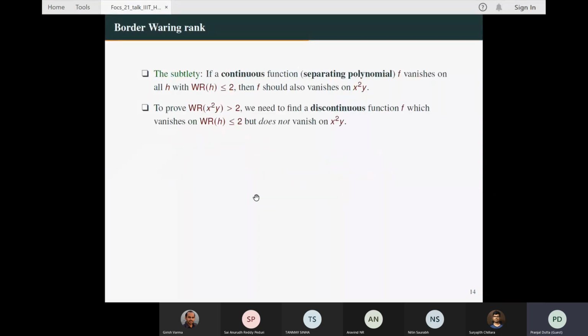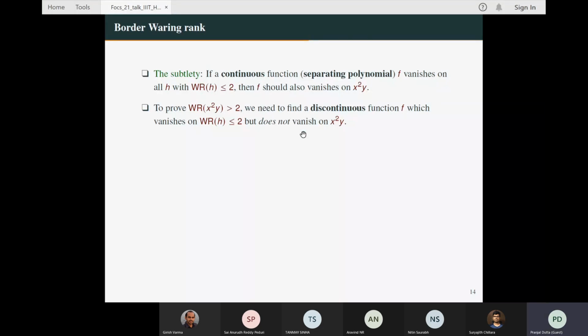Let me reiterate this point. I'm saying that if f was really a continuous function, for example, f can be thought of as b square minus 4ac, and if it vanishes on Waring rank less than or equal to 2, then it should also vanish on x square y, because x square y is in the limit, as you showed.